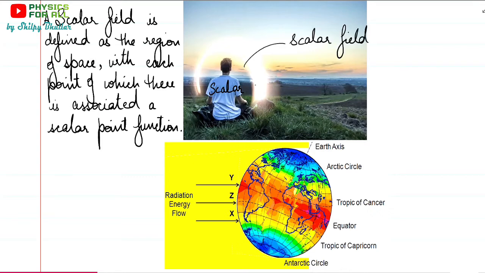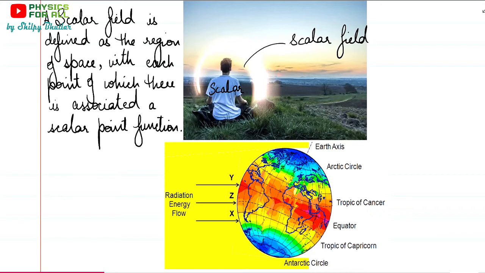We can experience this scalar in this entire region. So scalar field is defined as a region in space with each point of which there is associated a scalar point function. Whatever this scalar is, it is the same over all this region.